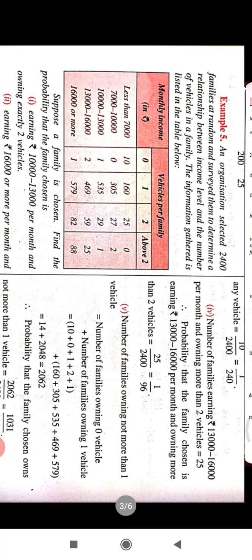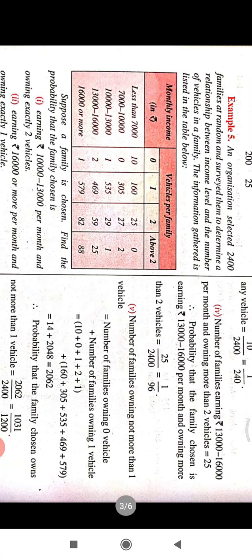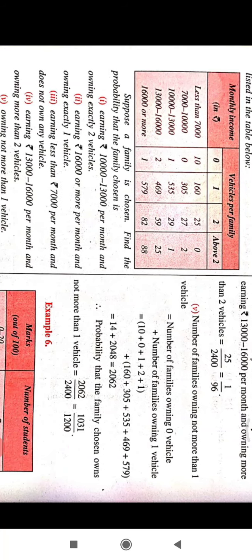Okay, so in this way we can understand. For 10,000 to 13,000 income, those who have no vehicles, that is 0, is 1 family. 1 vehicle contains 35 families, 2 vehicles contain 29 families, and above 2 there is only 1 family. So we can understand the table in our mind, then we can solve what we have been asked.